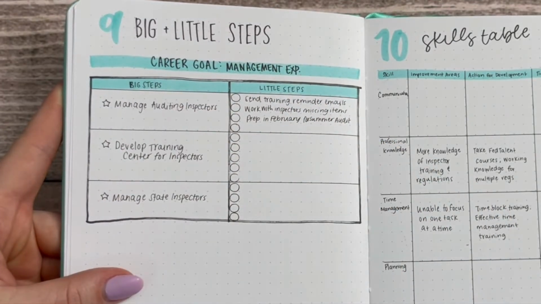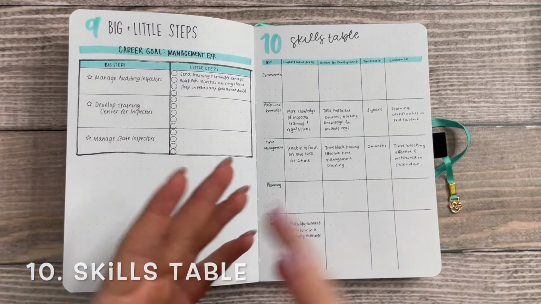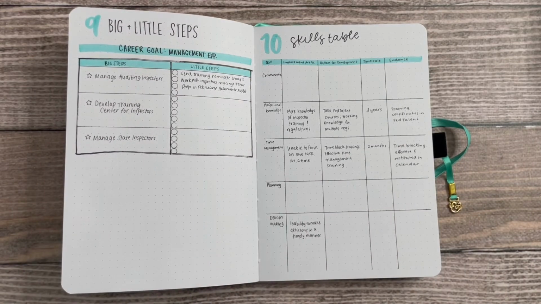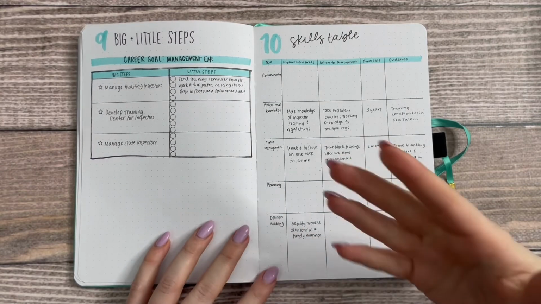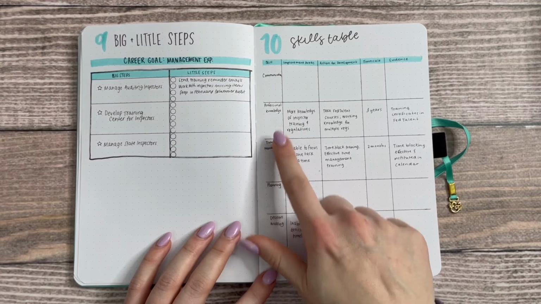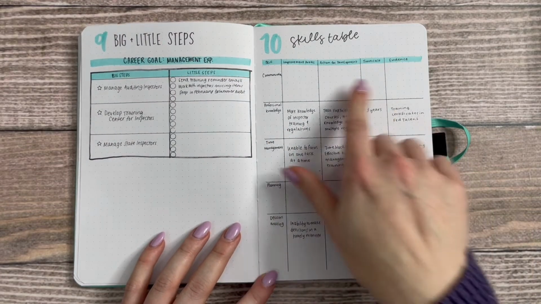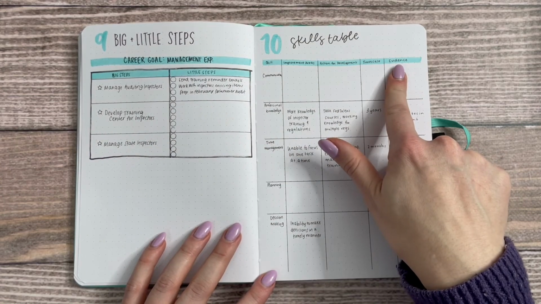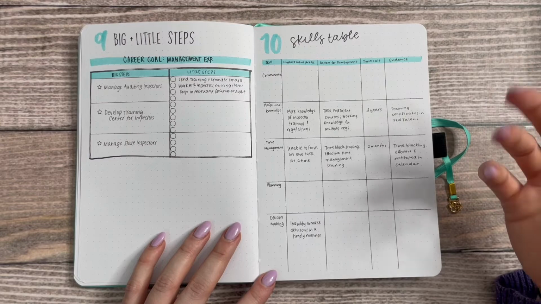that career goal. Last but not least, I have a skills table. Again, this is very common in professional development, and these are the main skills that most people will have in their jobs. You have communication, professional knowledge, time management, planning, and decision making. And so I have different areas that you look at when it comes to moving forward.